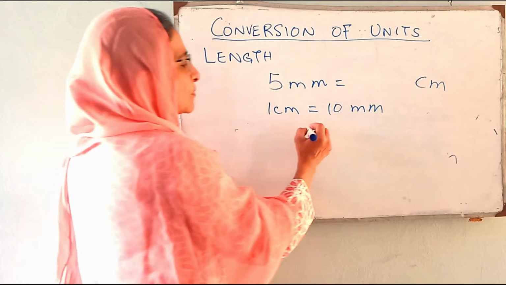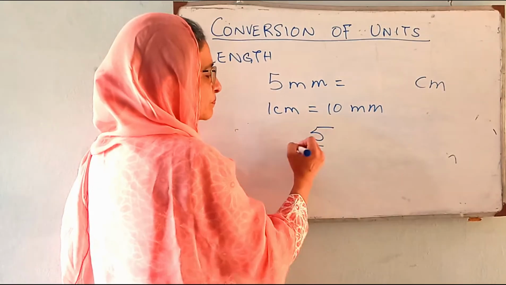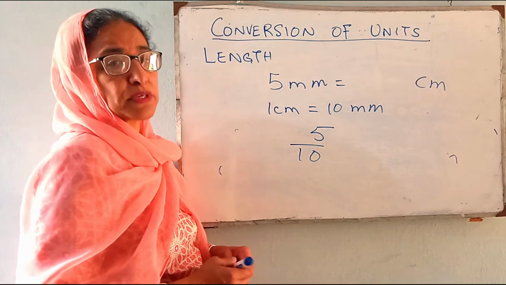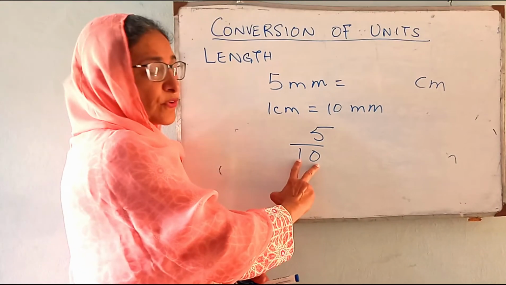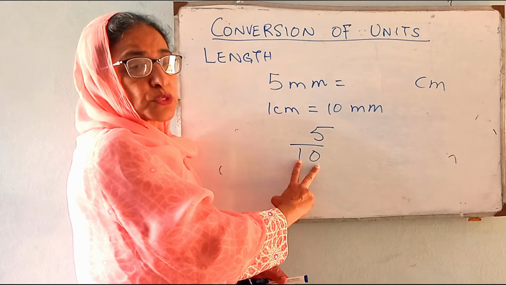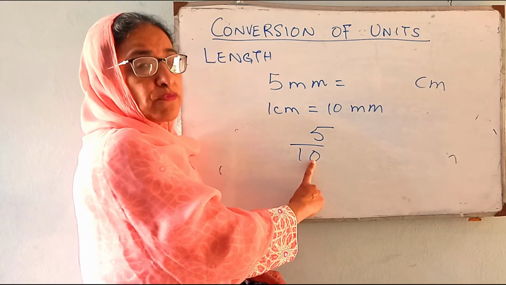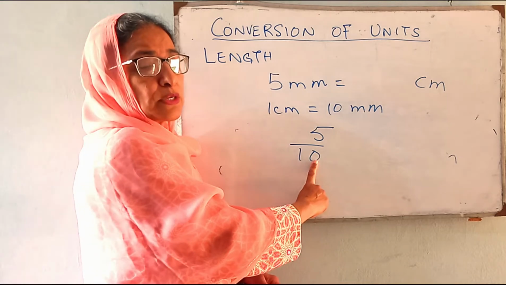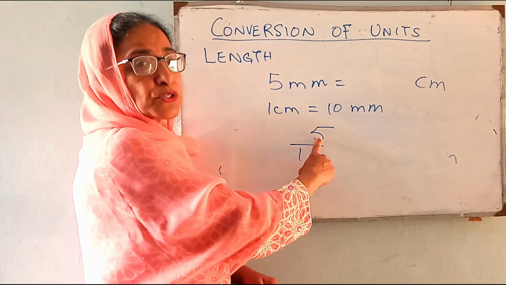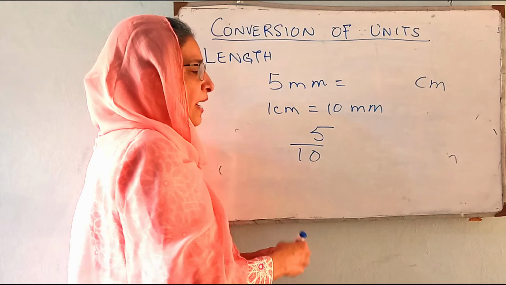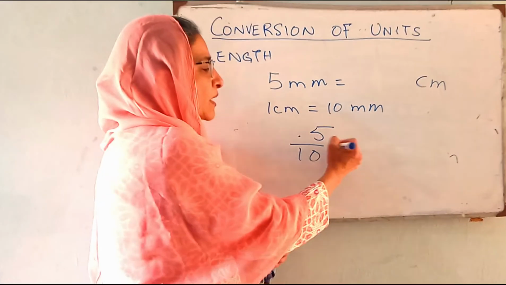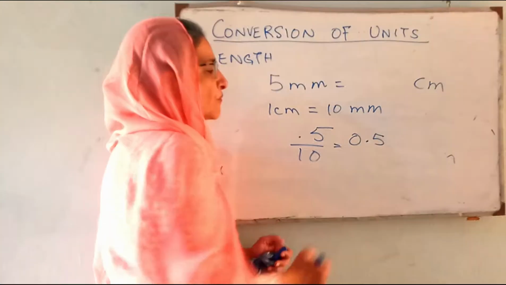When I divide 5 by 10, I have to put a decimal. With the help of the friendly number, it is very easy. 10 has only one zero. So in the denominator I have one 0. So in the numerator, what should I have? I should have one number, and at the top of 1 I can place a decimal. So my answer will be 0.5.